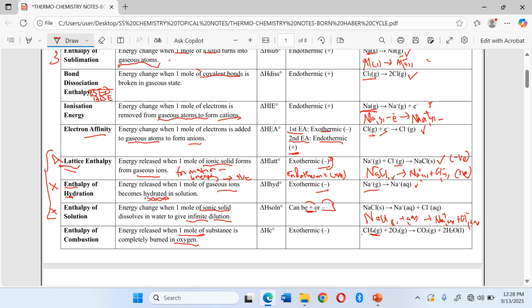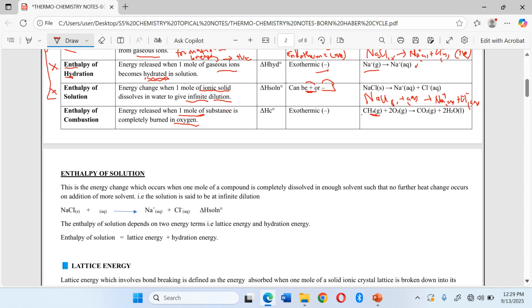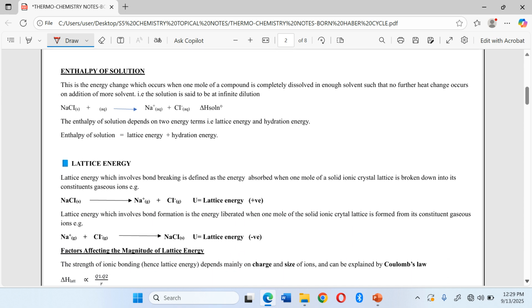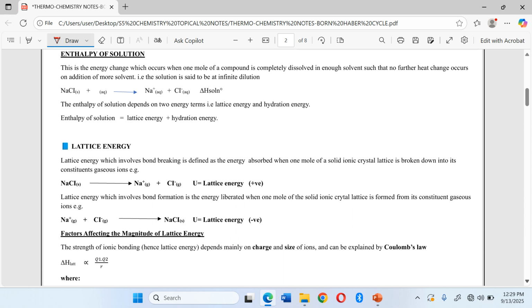In our next session, as I said, we shall look at those potential energy diagrams relating a number of these enthalpy changes. Please stay on until the end, and we are going to make sure we move faster. I am going to be putting all this work there so that you can make your own notes as we go through this work faster.